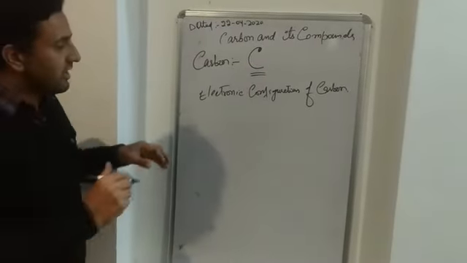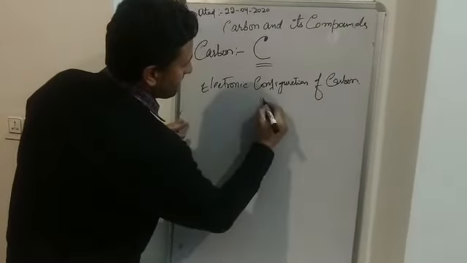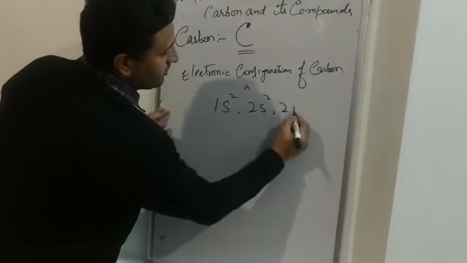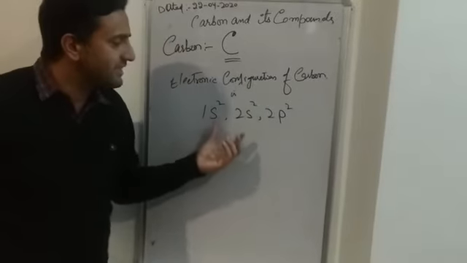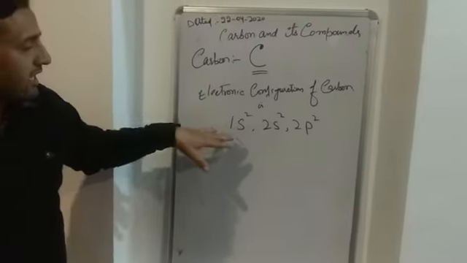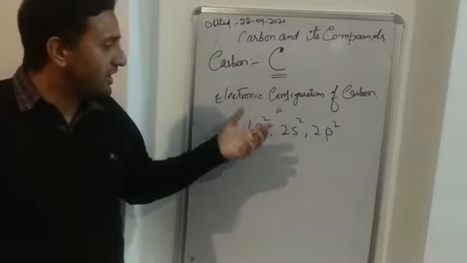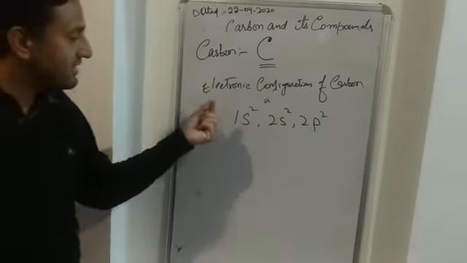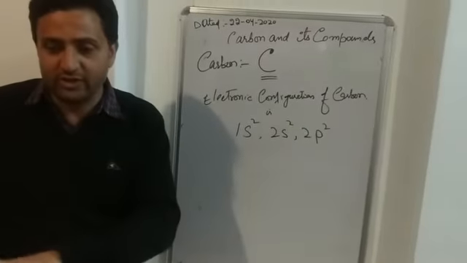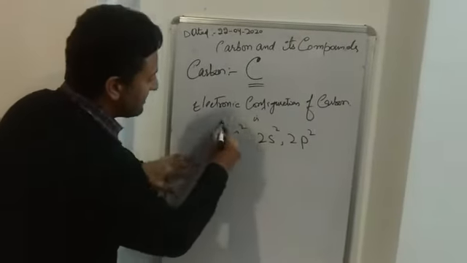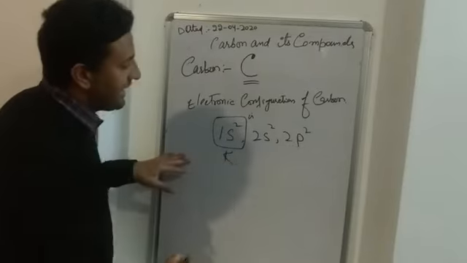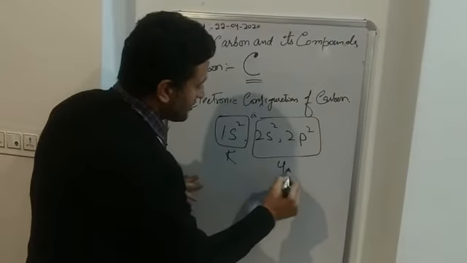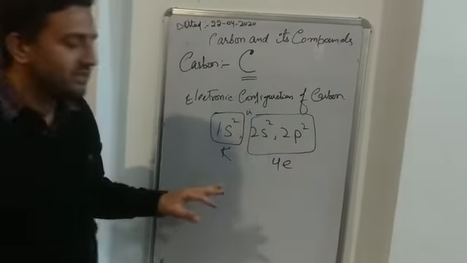The electronic configuration of carbon is 1s2, 2s2, 2p2. What is this? I hope you have already studied it in your previous classes. It means in the first shell, the K shell, there are 2 electrons present, and in the L shell there are 4 electrons present.